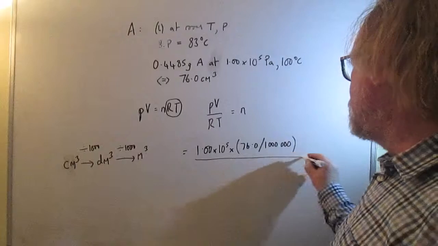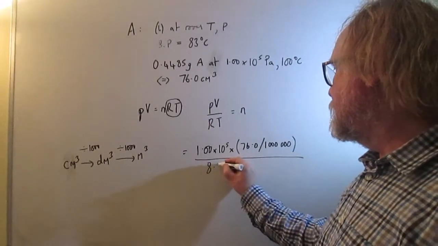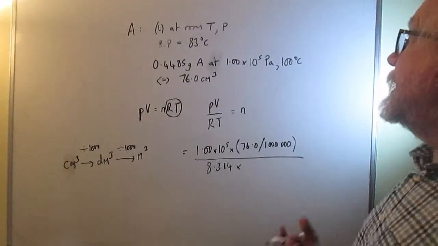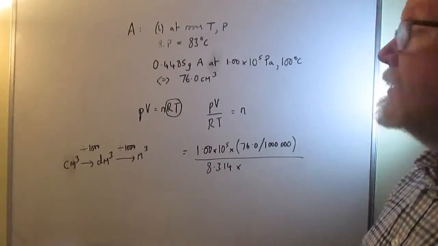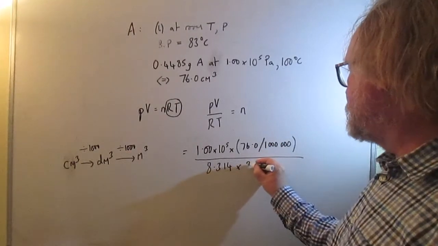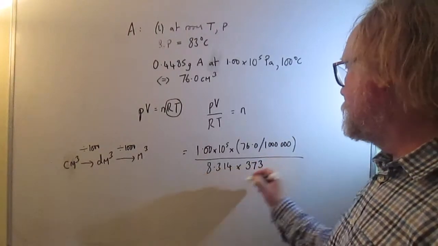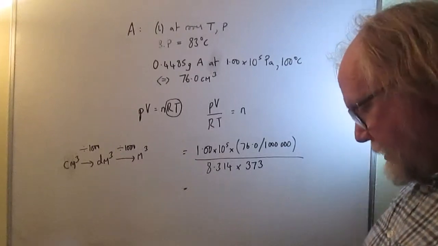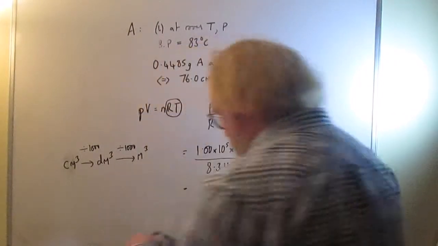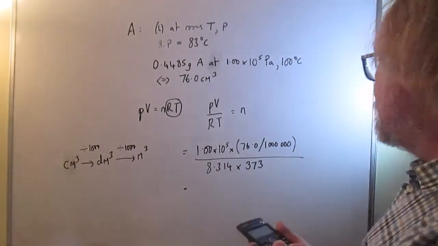Okay, and then R comes from your data sheet, it is 8.314, and T, remember, has to be in Kelvin. So 100 degrees C, we add 273 and we get 373 on the bottom line there. So those are the numbers that we have to crunch, so we can put those into the calculator.